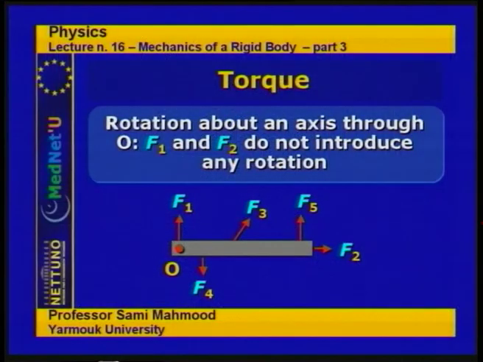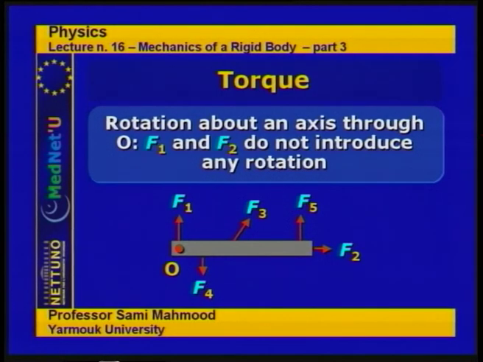So, as we discussed in the previous lecture, we mentioned that there is a dynamical quantity called torque that is responsible for generating the rotation in a body as the force acts on the body.